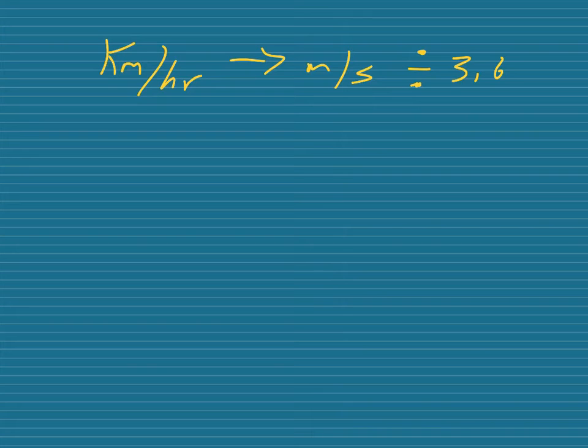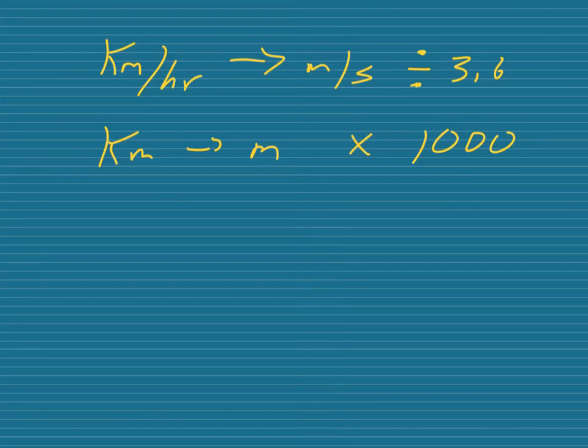Make sure you always read these problems carefully. If you're given a displacement in kilometers, you need it in meters. Don't get that mixed up with the kilometers per hour to meters per second. It's different. This we would use the King Henry diet by drinking chocolate milk, which would be pretty much moving your decimal 3 places to the right or multiplying by 1,000.